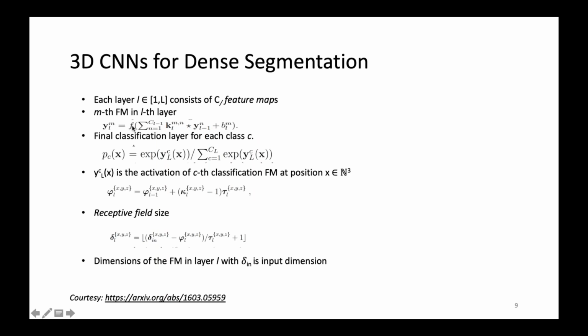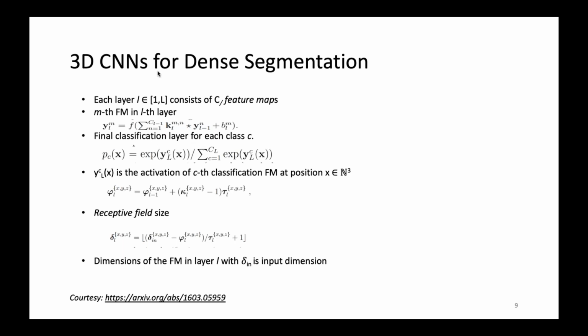So the mth feature map layer can be written as the previous layer's feature maps convolved with the kernel, plus a bias. So this is basically the equation.